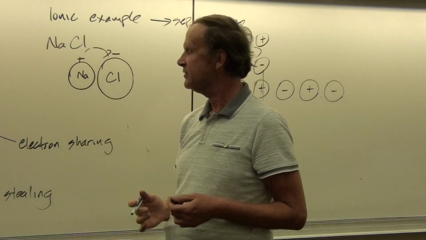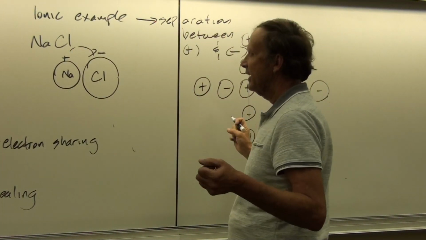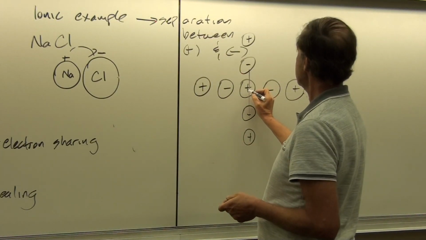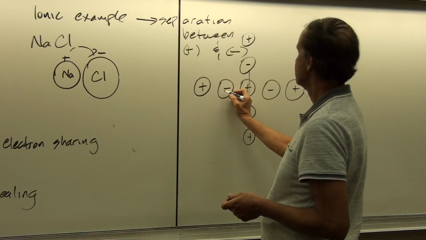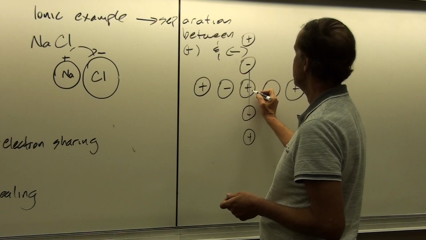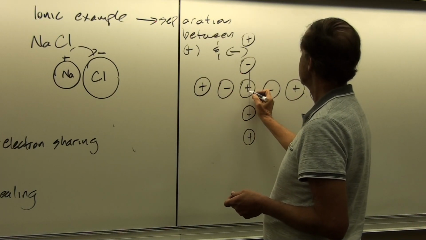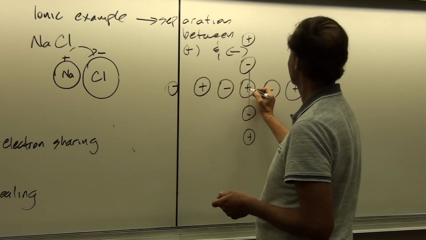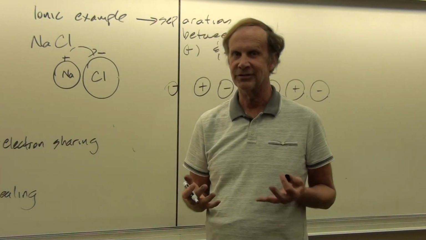Okay, but to see whether or not this kind of a structure is stable in itself, we have to consider that we have attractive forces between adjacent atoms, say with respect to this central sodium atom here, but we have repulsive forces due to the ones that are a little farther away, and we have attractive forces due to the ones that are even farther away, but it's an infinite series of attractive and repulsive forces.